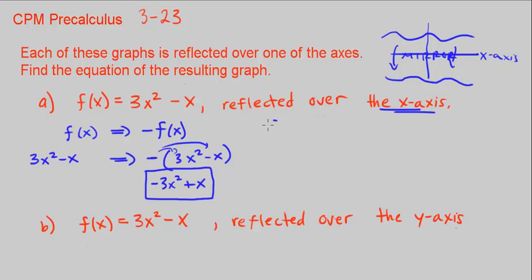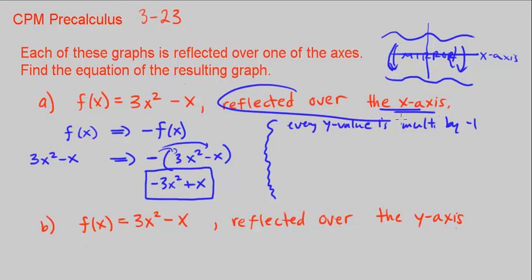Another way of thinking about this is that when we reflect across the x-axis, every y value is multiplied by −1. Our initial equation, f(x) = 3x² − x, we could write as y = 3x² − x. F(x) is just the name.